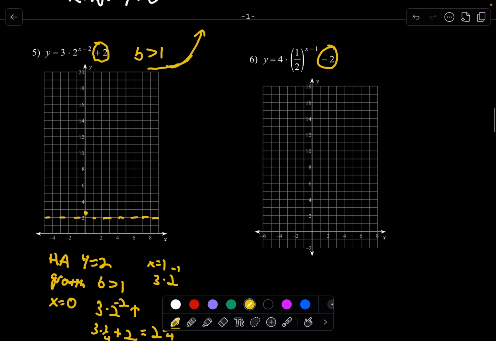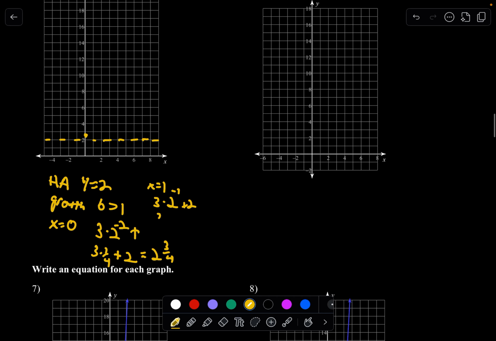All I'm doing is plugging it into this equation here. So that's going to be 3 times a half, because 2 to the -1 is a half. That's 3 halves, plus 2. 3 halves is 1.5 plus 2 is 3.5.